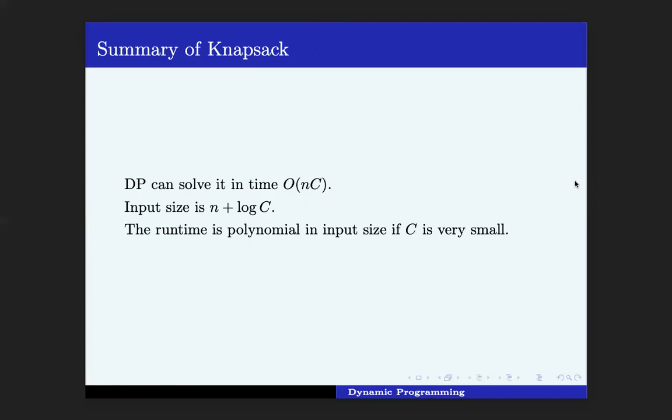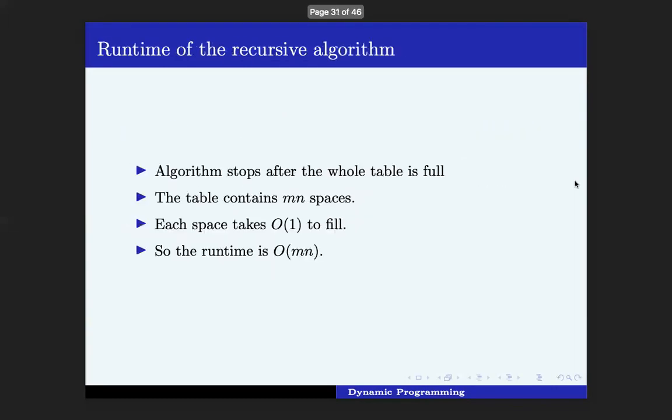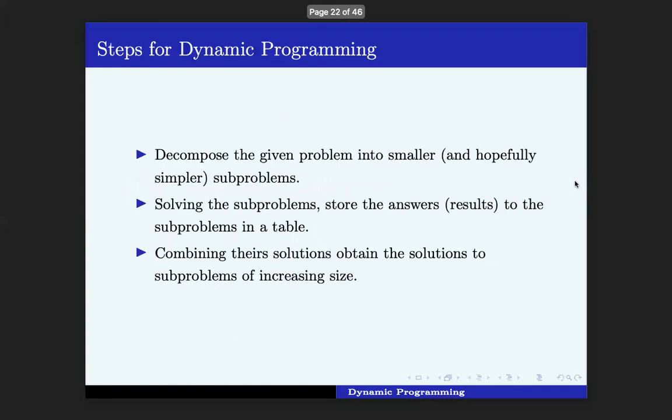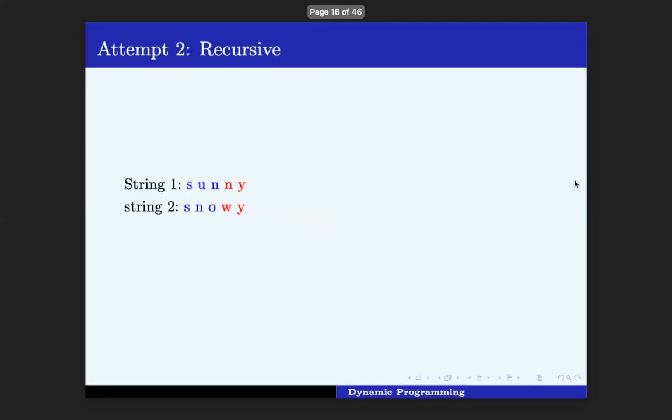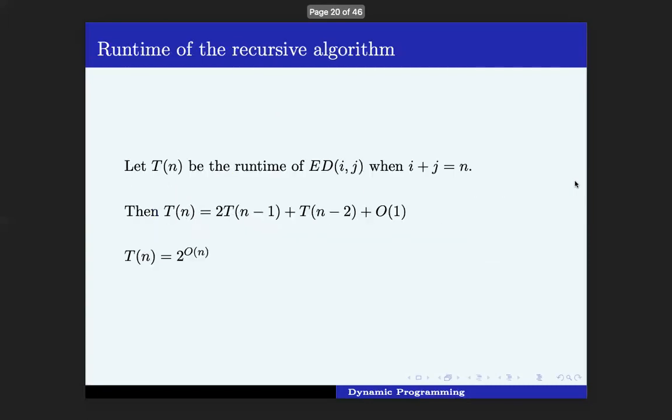Then in that case, what about the edit distance problem? What was the input size there? It was n, because there is no hiding about it, not in terms of bits and other things. So 2 power order of n is the recursive algorithm when we are not storing.